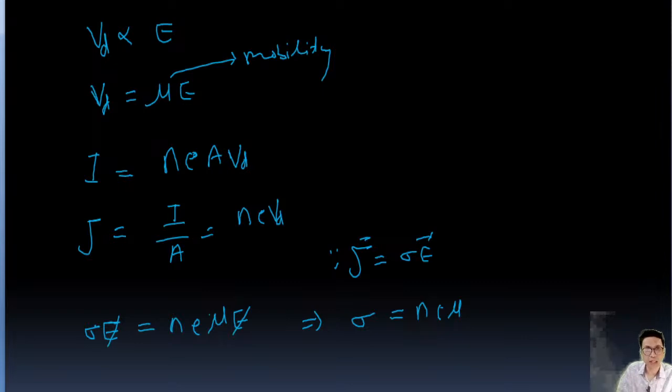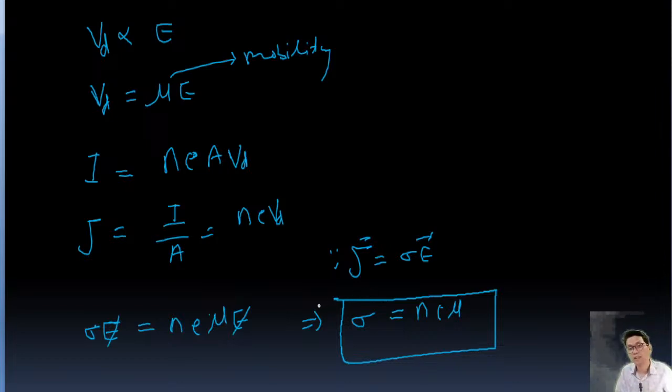This is the formula for the conductivity of a conductor, where mu is the mobility, E is the charge of the electron, and N is the electron density.